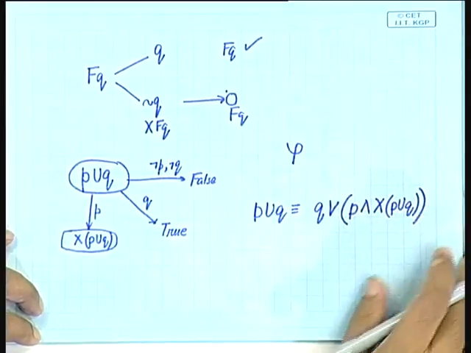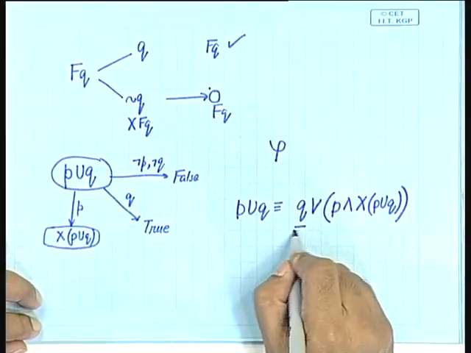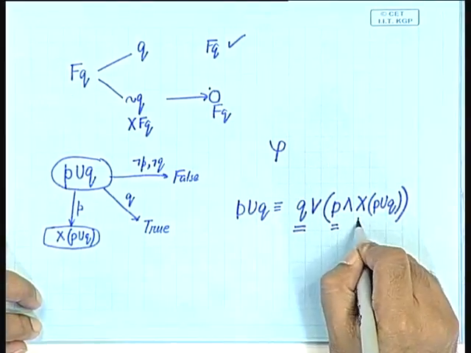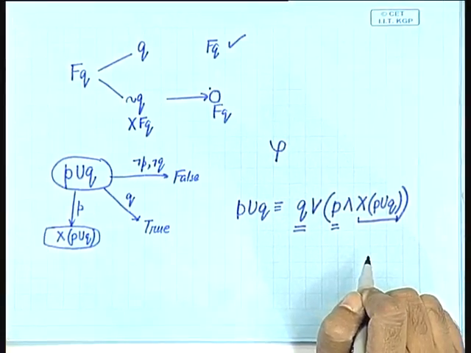Now, see what you have here: this is Boolean, this is Boolean, and this is an X guarded temporal property.